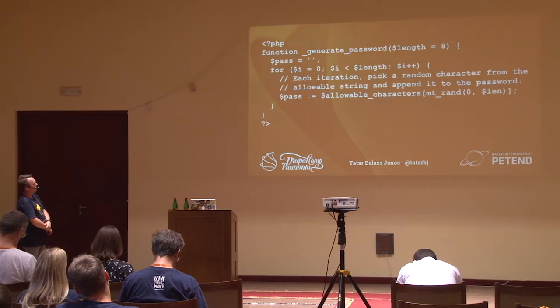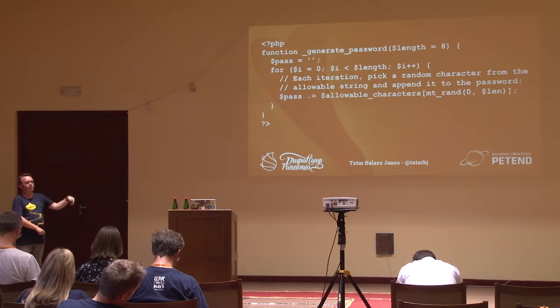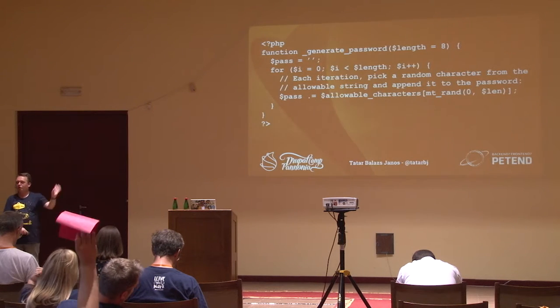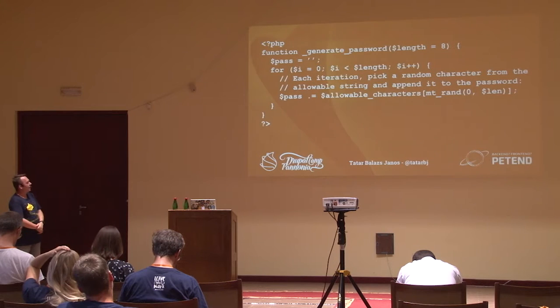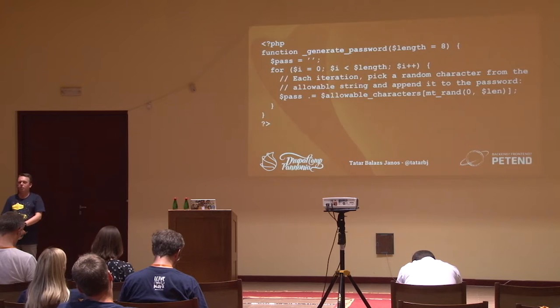Yeah, there is another issue. Anyway, imagine the length and the len is the same, and yeah, it just generates that password, and later on will do nothing because there is no return. Anyway, there are lots of issues with this code, I know, but is it safe enough if we use, for instance, mt_rand or not?